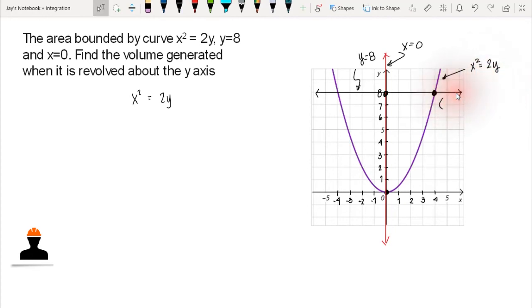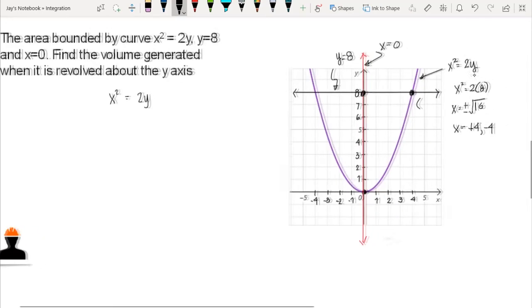So we can now compute for x by just letting our y here be 8. So x squared is equal to 2 times 8. Then we have x squared is equal to 16. Taking the square root, if we take the square root of a value, we would have two possible roots, that is plus or minus. So we have x equal to positive 4 and negative 4.